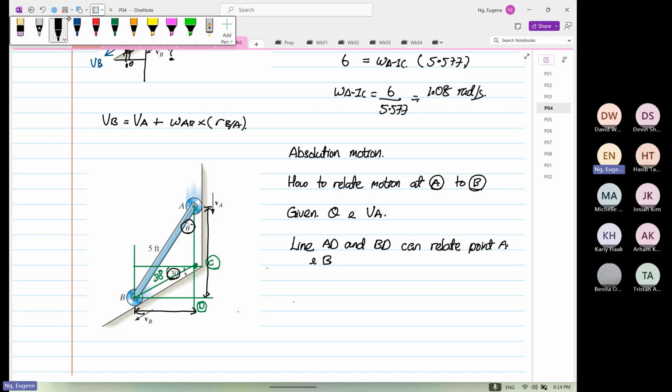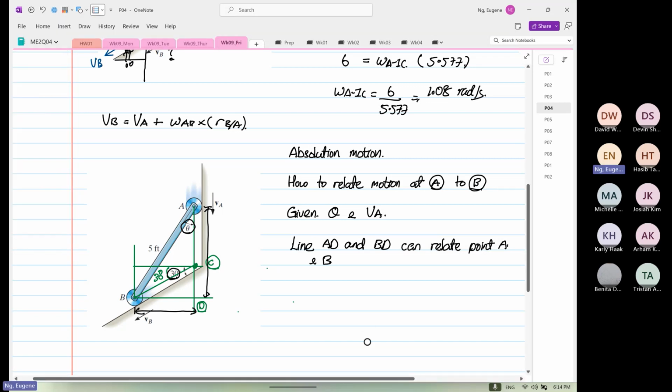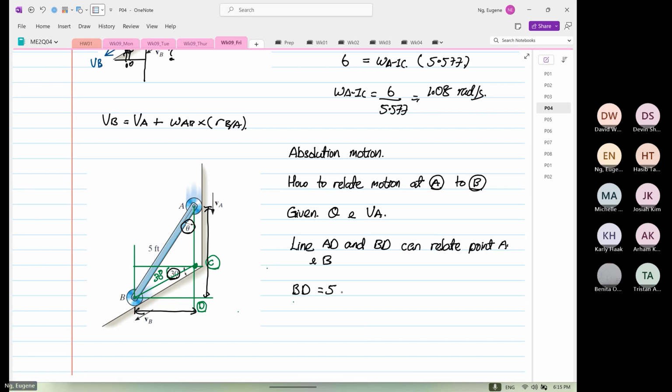So from here, we can find out that BD is equal to 5 sine theta. Okay. And then we also know that BD, sine 30. So this is my equation number 1.